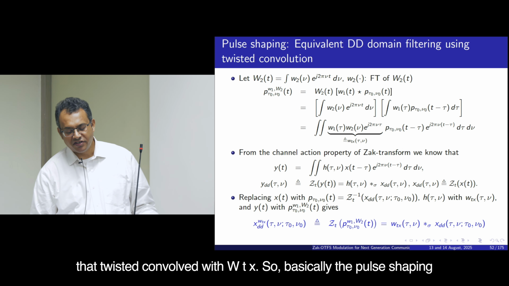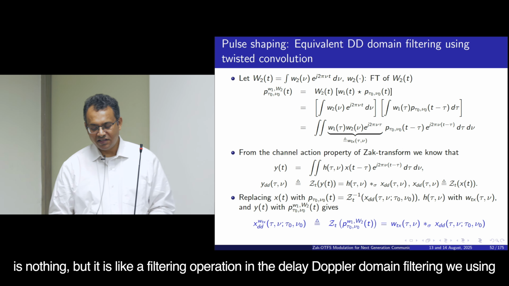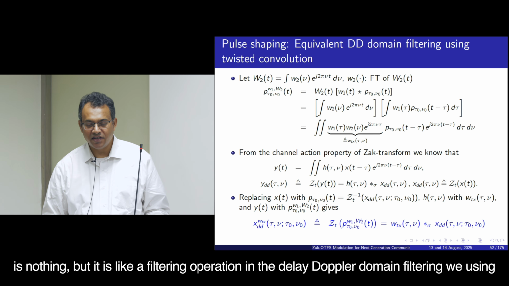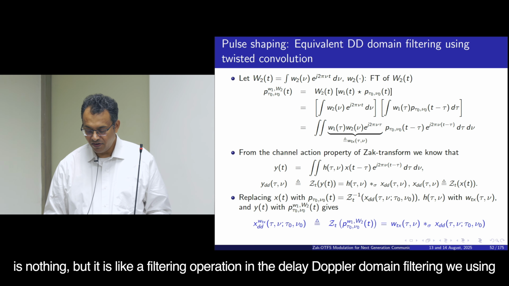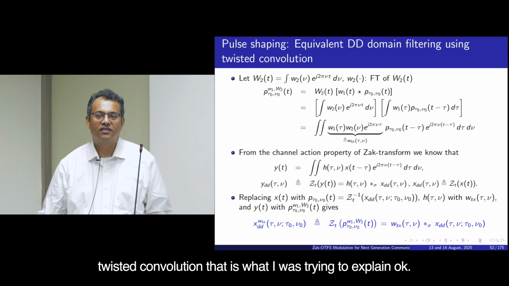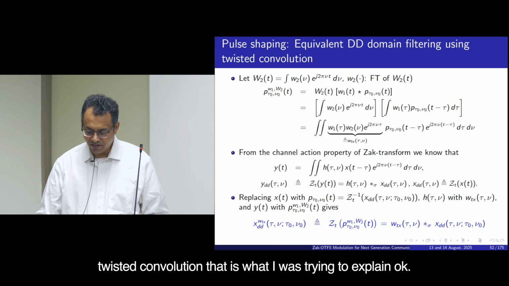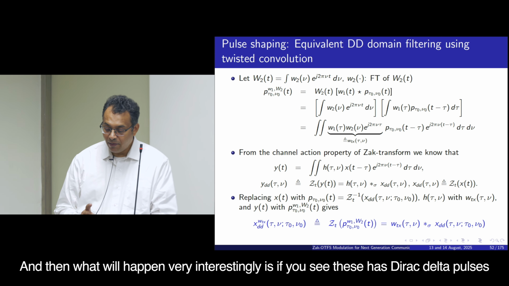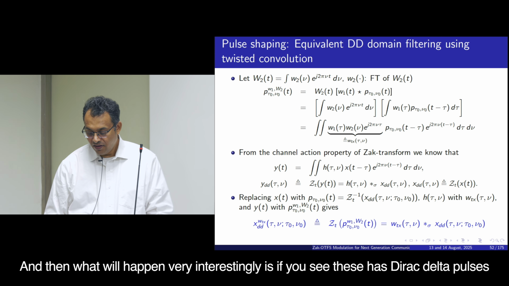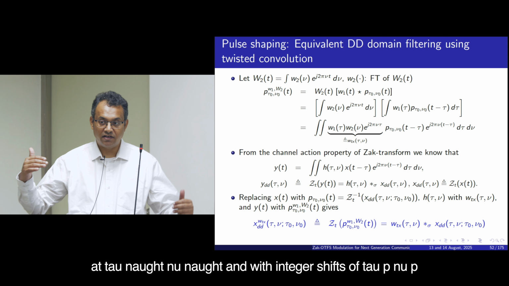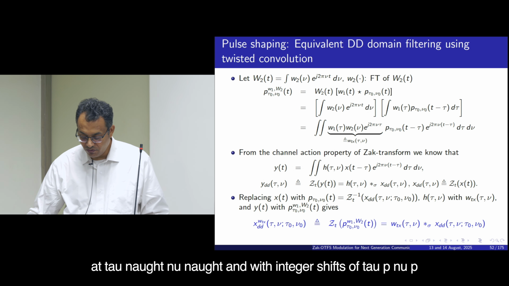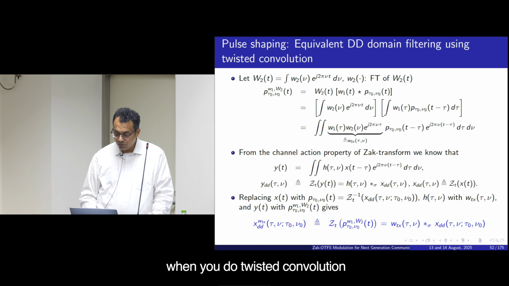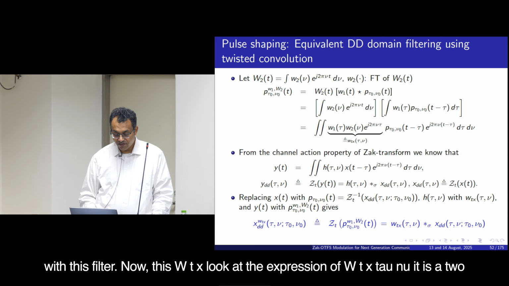So, basically the pulse shaping is like a filtering operation in the delay Doppler domain, filtering using twisted convolution. That is what I was trying to explain. And then what will happen very interestingly is, this has Dirac delta pulses at tau naught nu naught with integer shifts of tau p nu p. When you do twisted convolution with this filter, look at the expression of wtx tau nu.